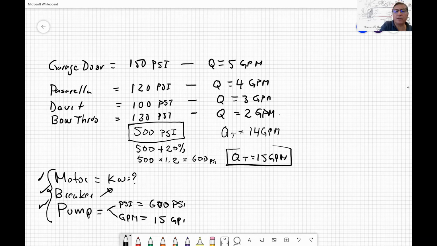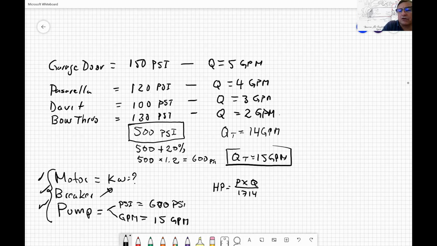And now we are going to calculate the electric motor. You remember the formula that you have in your book, on page 42. The horsepower equals PSI times GPM divided by 1714.